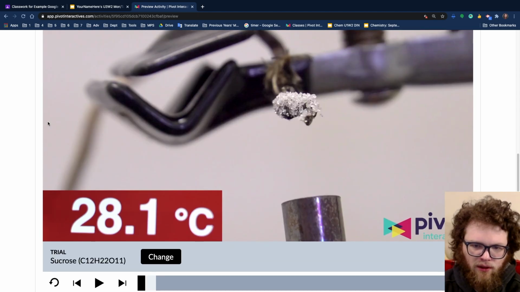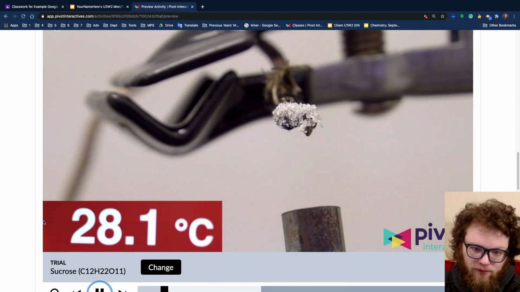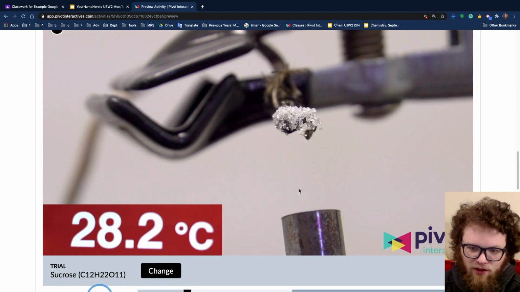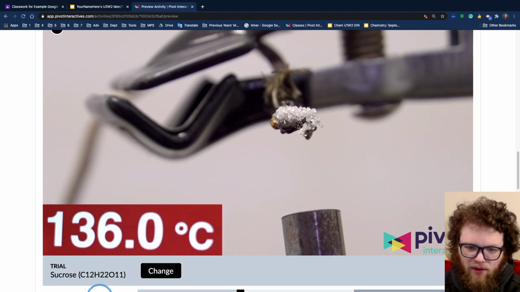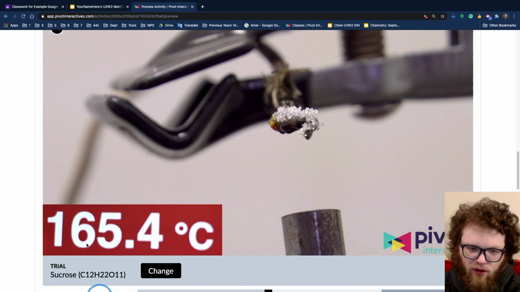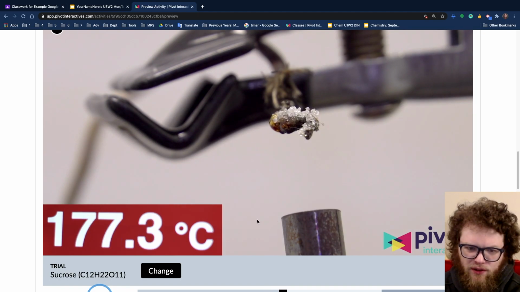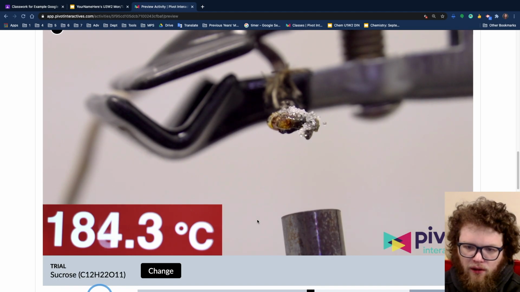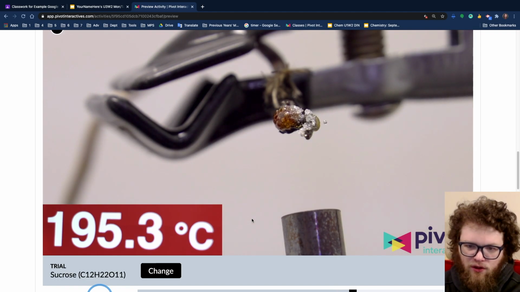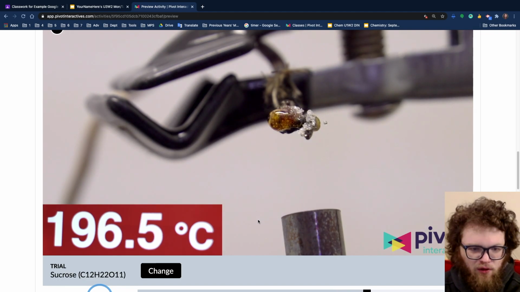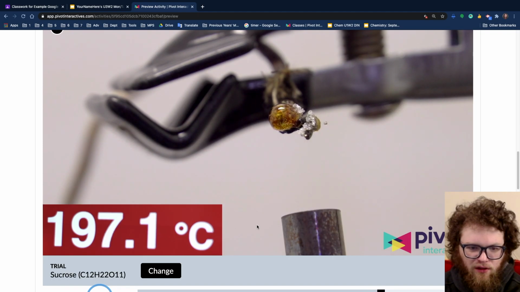moment. Okay, let's try sucrose here. So there's no flame, it's just the superheated air. Oh, it looks like we're beginning to melt here. So we could have written down any of those temperatures. And then if I remember from my heating curve thing, it should reach a steady and consistent temperature as it goes through its total phase change.